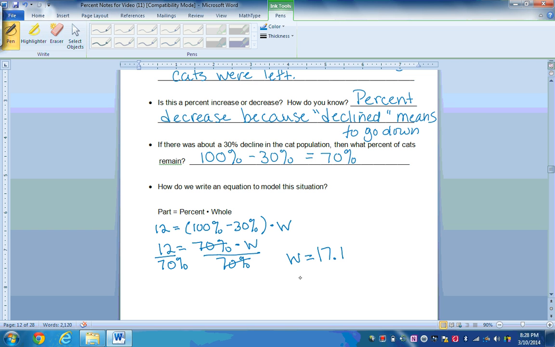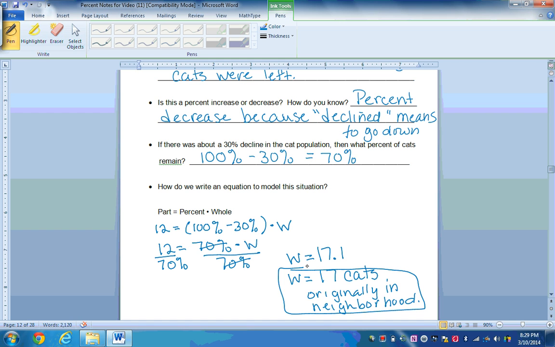We need to call that W is equal to 17 cats originally in the neighborhood. There we go. All right, we have one more example to do, so go ahead and turn the page.